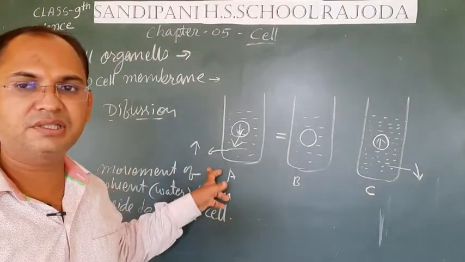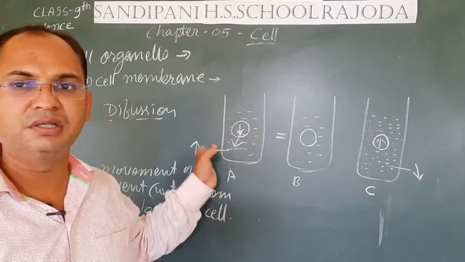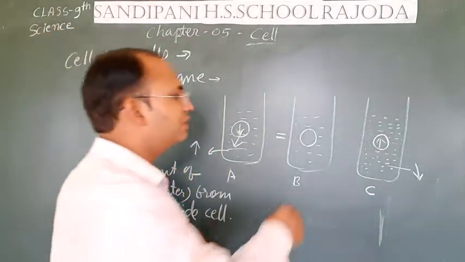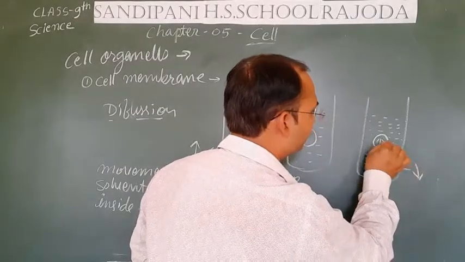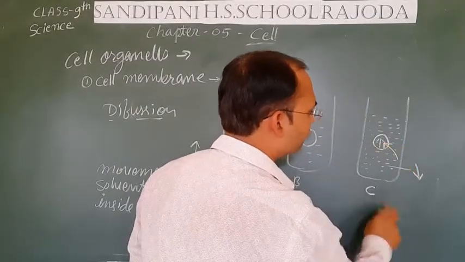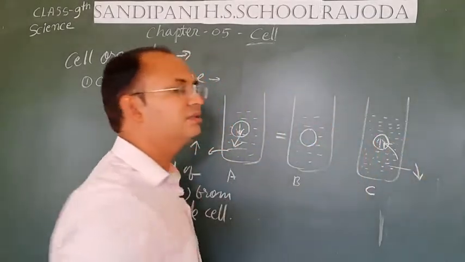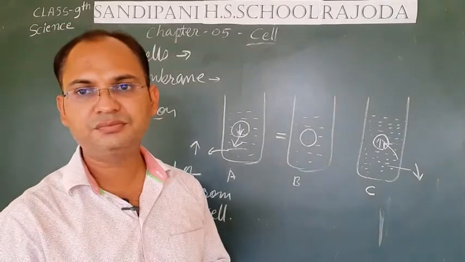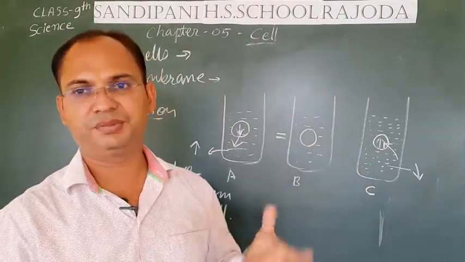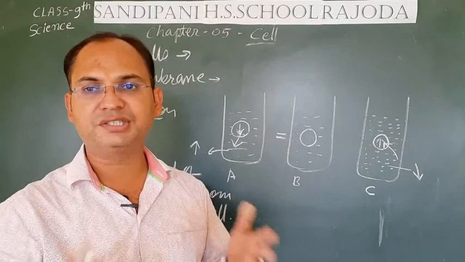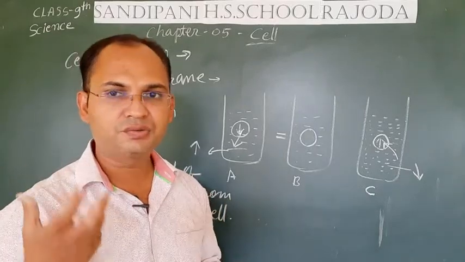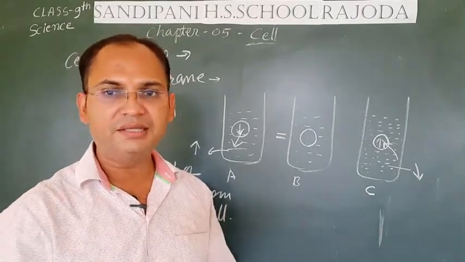In the very first phenomenon, the water was coming outside, but in this case water will move from the lower concentration to higher concentration and the cell will swell up. It becomes turgid. It will swell up and its size will increase.